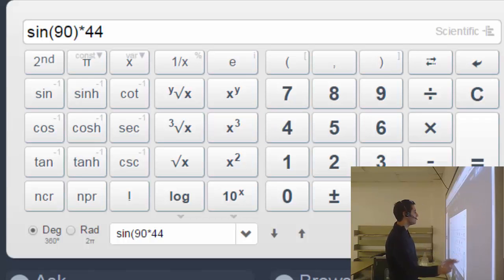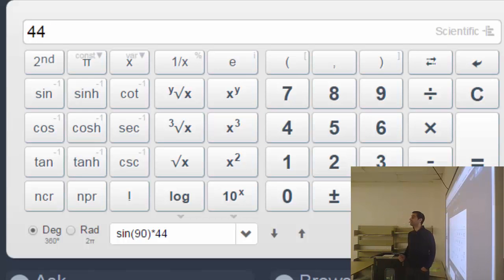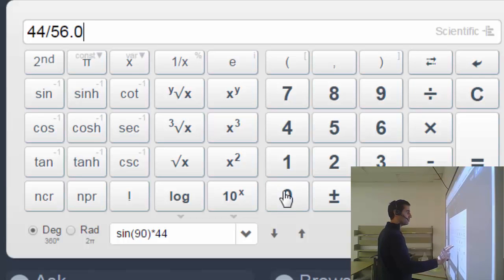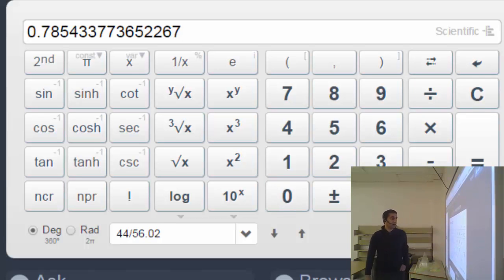You will get 44 again, because simply sine 90 means 1. But anyway, you didn't have to know that. 44, and I will divide this by 56.02 equals, I'm going to get this number.